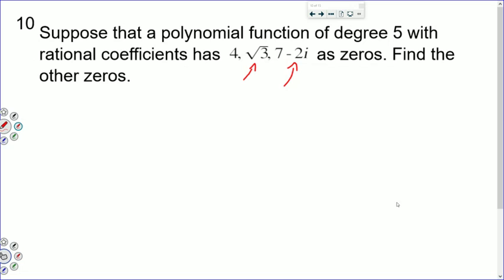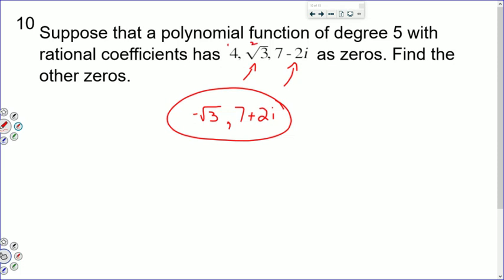So the other zeros would be the conjugate of square root of 3, which would be negative square root of 3, as well as the conjugate of 7 minus 2i, which would be 7 plus 2i. So these are the other zeros. And if it's degree 5, here we have 1 zero, 2 zeros, 3 zeros, 4 zeros, 5 zeros. So we get our 5 solutions. Because it's degree 5, it has to have 5 solutions. Okay? That's all there is to that. Just grab the other solutions that we need.